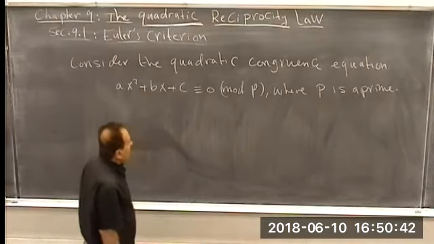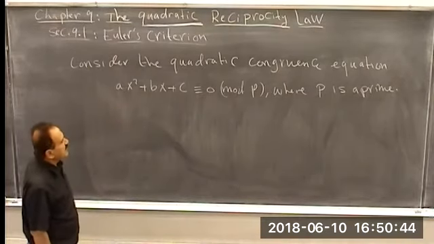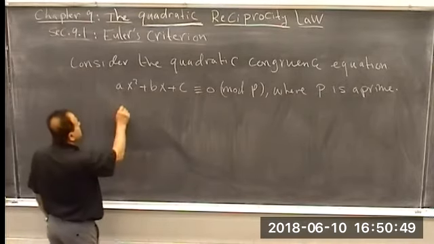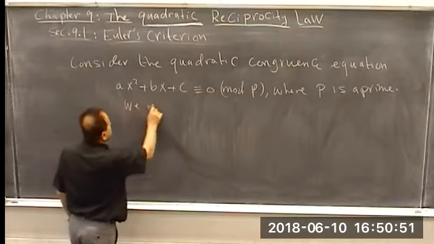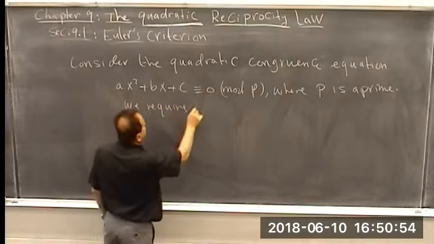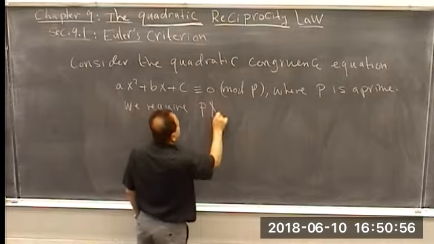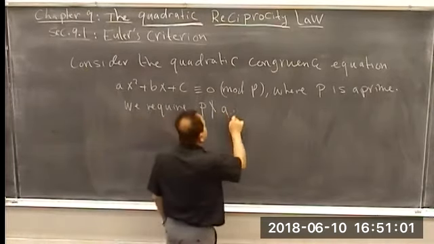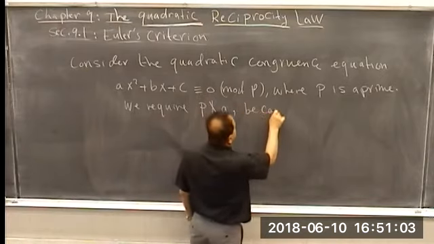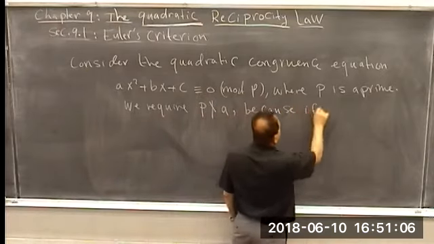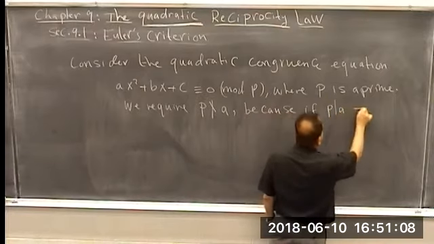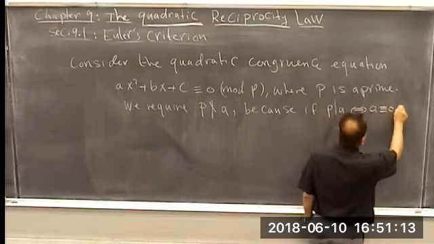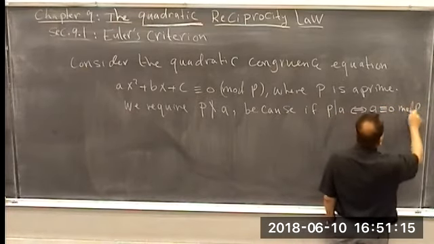In order for this actually to be a quadratic, we require also p not to divide a, because if p divides a, really this is equivalent to saying that a is congruent to 0 mod p.